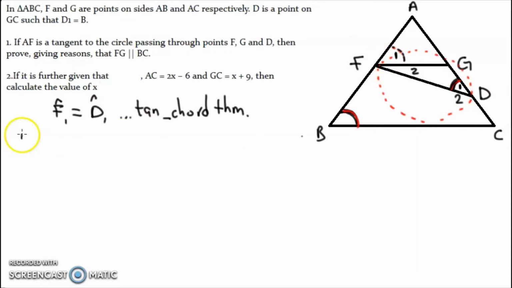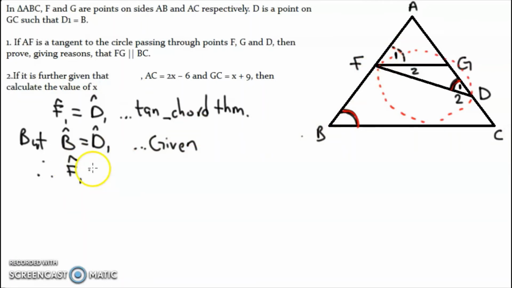But we also know that B is equal to D1 too. B is also equal to D1. We were given this, so the reason would be given. Therefore, if this angle is equal to D1 and this angle here is equal to D1, those two angles are equal. As a result, F1 is equal to B as well.